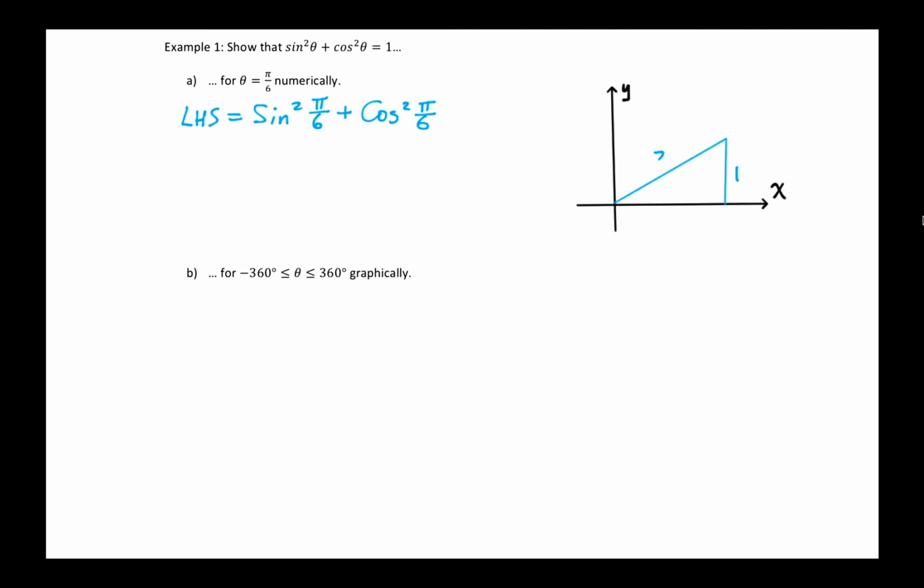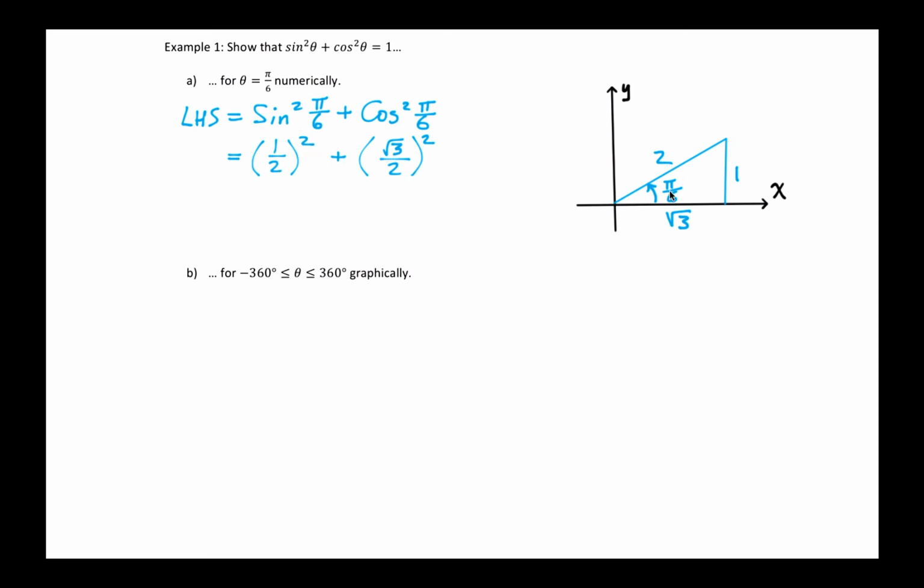I would evaluate this by, first of all, looking at that angle pi over 6 and recognizing that's a 30-degree angle, which is part of a special triangle, 30, 60, 90. Sides go 1, 2, root 3. I know that the sine of pi over 6 is going to be y over r, 1 over 2, and I'm going to square it.